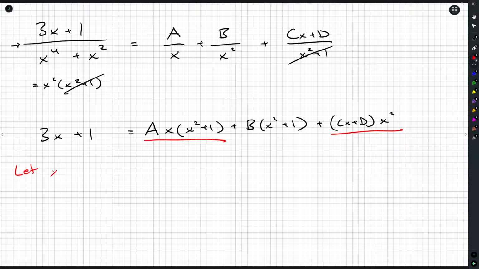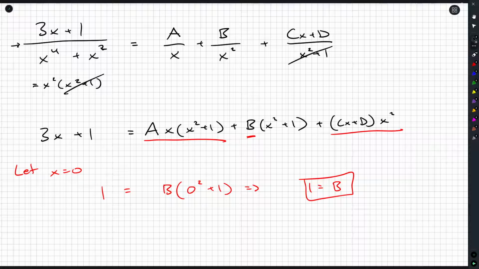So let x equal 0: on the left-hand side, you'll have 3 times 0 plus 1, and on the right, all you really have is B times (0 squared plus 1). So 1 is equal to B times 1, so B is 1. That's pretty handy for us.